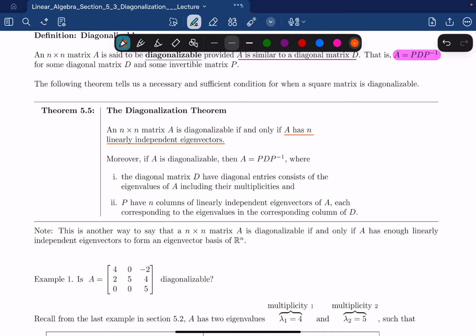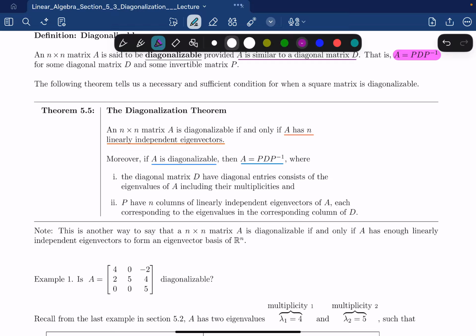So moreover, if A is diagonalizable, that's part of the condition here, then of course A equals P D P inverse. Again, that's just our condition. But the following two statements tell you exactly how we're going to find the diagonal matrix D and the corresponding matrix P. So one, the diagonal matrix D, let me go ahead and highlight this.